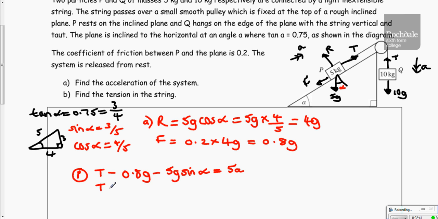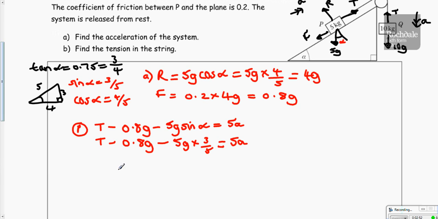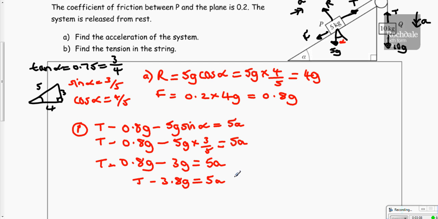So substituting in, we know that sine alpha is 3/5, so I'll sub that in there. And now I'll do a little bit of tidying up. So we've got minus 0.8g, the 5's cancel, so we've got minus 3g equals 5a. And so one last step, T minus 3.8g equals 5a. So that's one equation. That's for particle P.